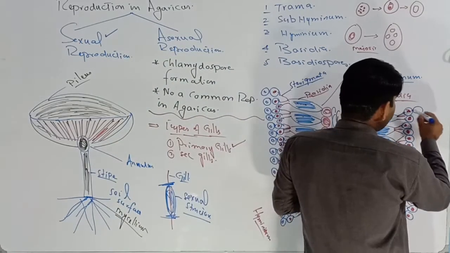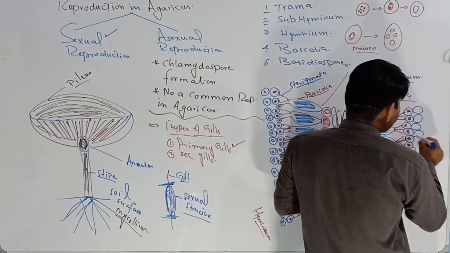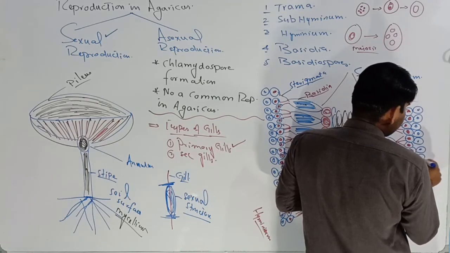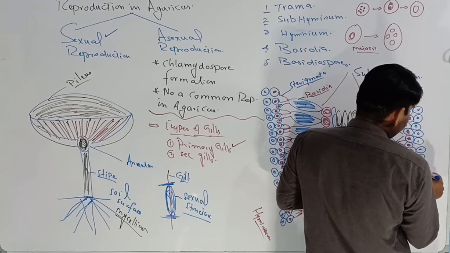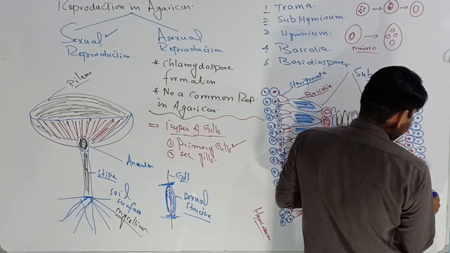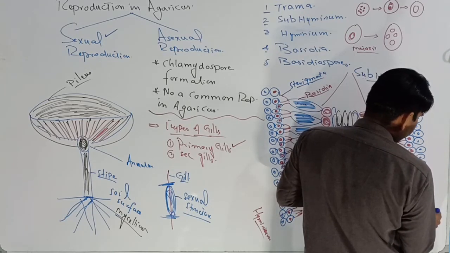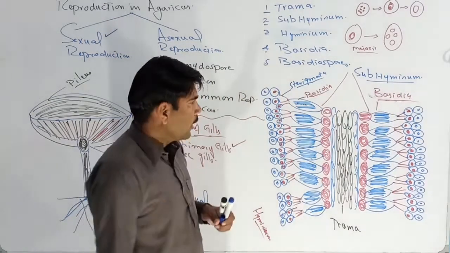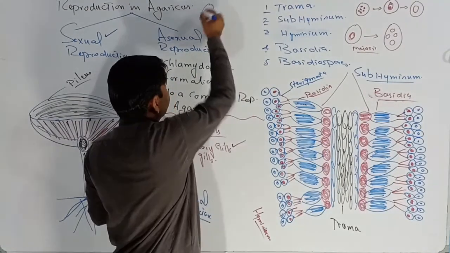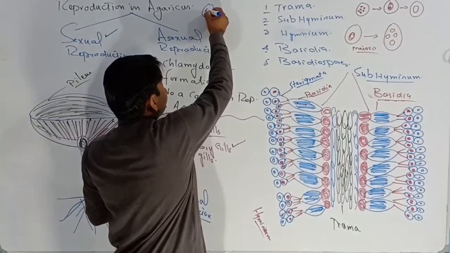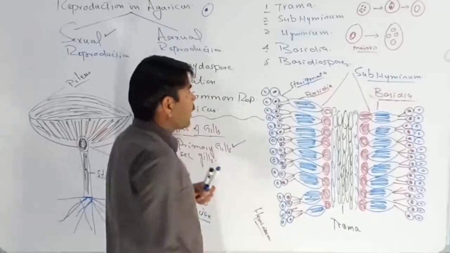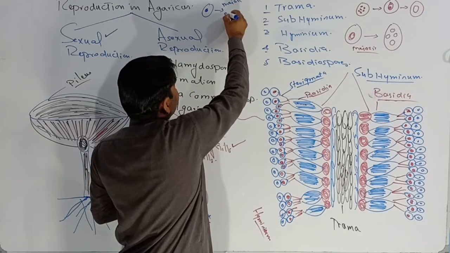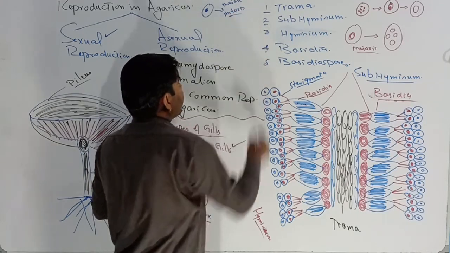One thing is very important to keep in mind: the process of mitosis can occur in diploid as well as haploid cells. There is a basic concept. For example, this one is a diploid cell. This diploid cell may undergo meiosis as well as mitosis.